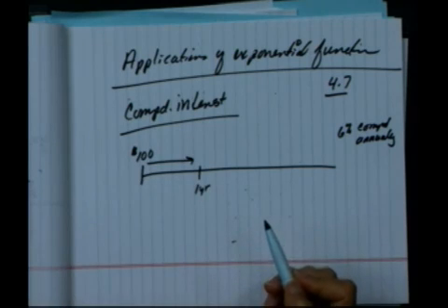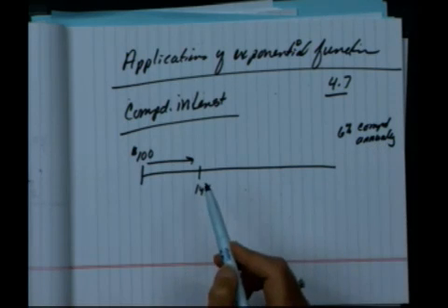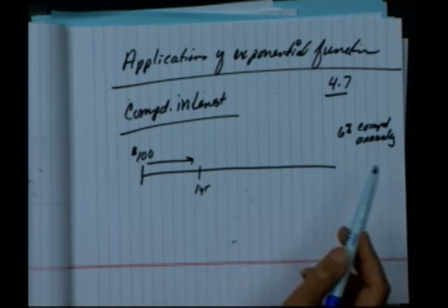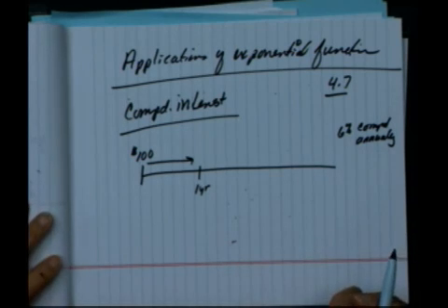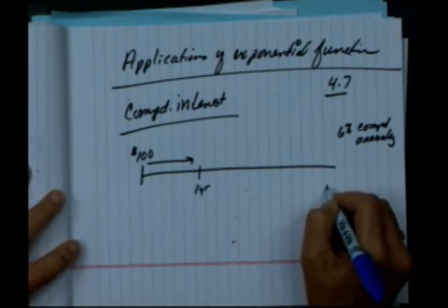Compound interest is exactly equal to simple interest for one conversion period. So if it's compounded annually, then simple interest for 1 year would be the same thing as compounded annually. All right, let me write that down.